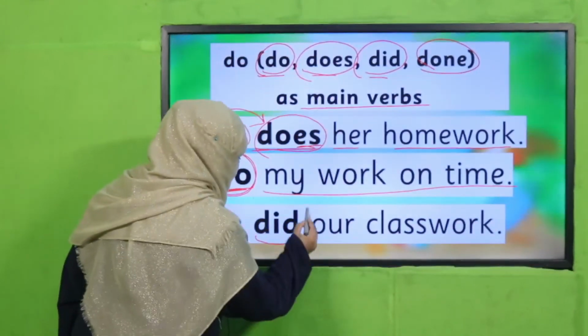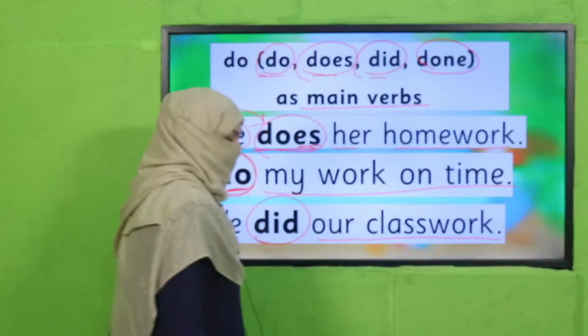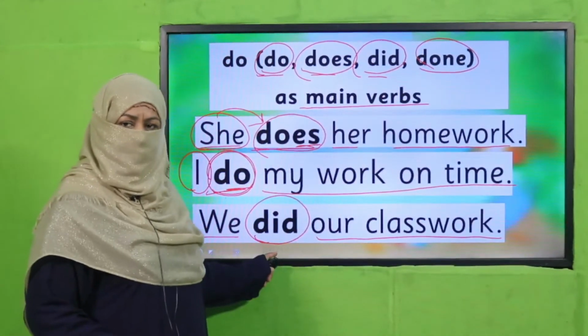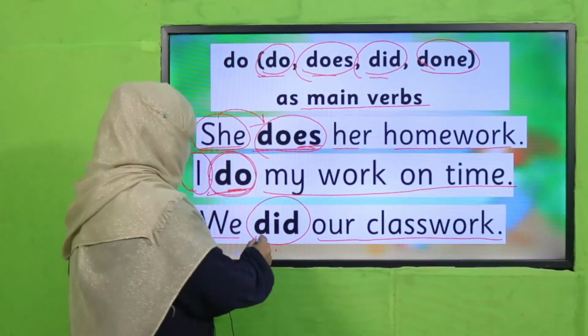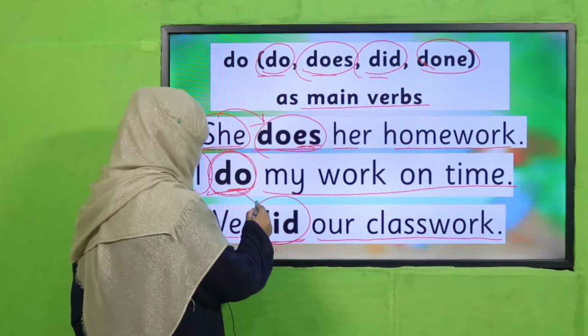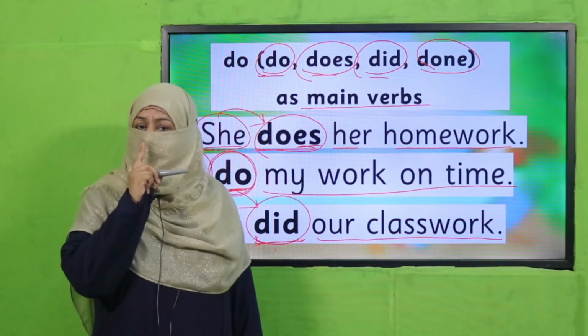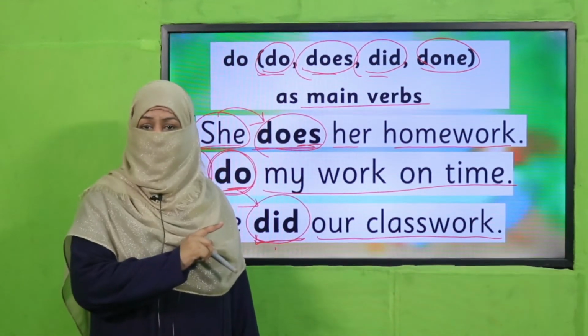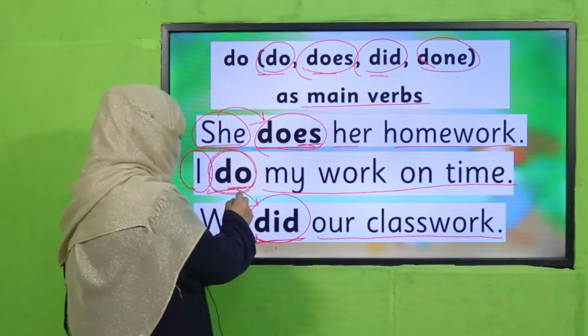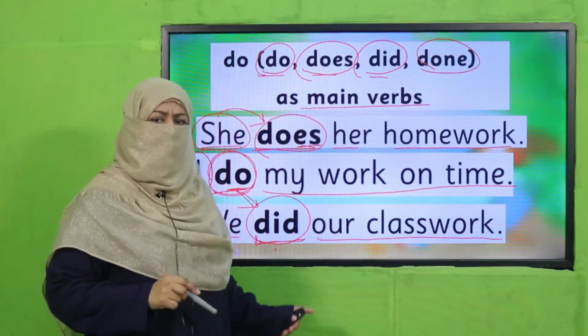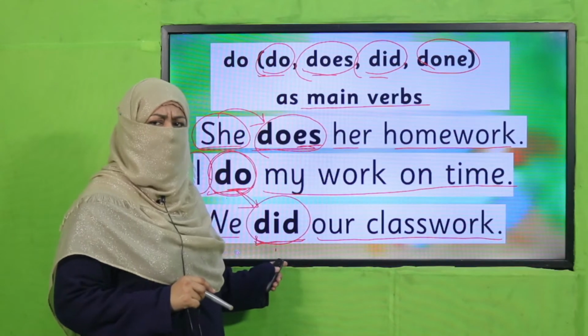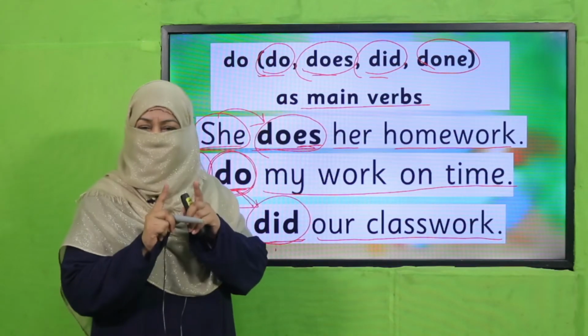We did our class work. Now you see, did is the second form of do. Remember, we have talked and learned about the forms of verb. So do, did, done. When do we use the second form of verb? In simple past tense.